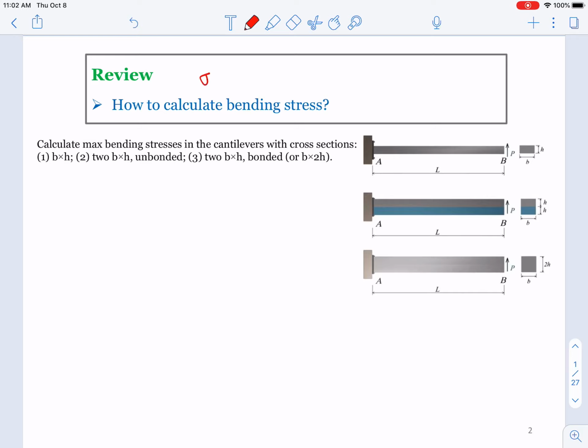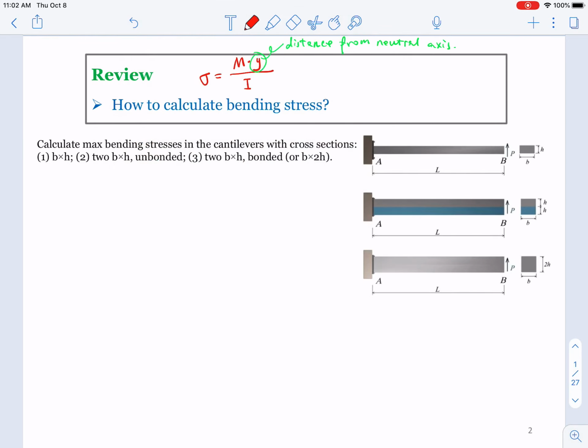So the normal stress in a bent beam equals M times y over I. M is the moment, I is the moment of inertia, and y is the distance from the neutral axis.